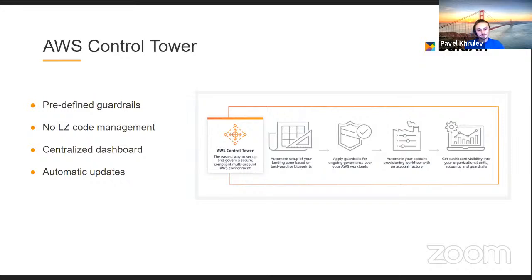And those which use AWS Config are called detective rules because they detect non-compliant resources in your environment. You can apply these guardrails, and also account provisioning is fully automated with Account Factory. You just need to type an email for your new account. You can choose the VPC configuration, and your account is created.